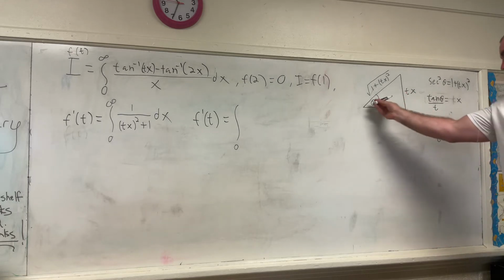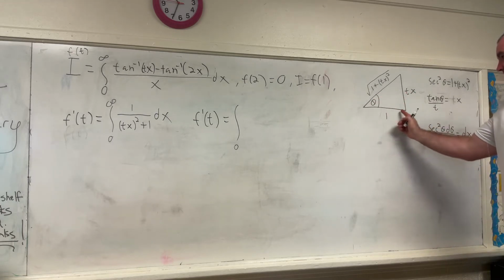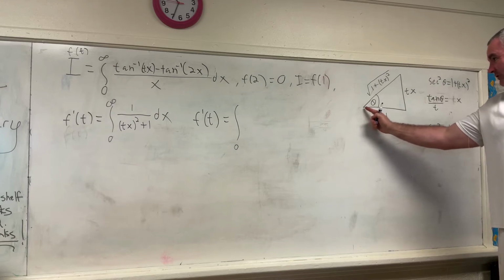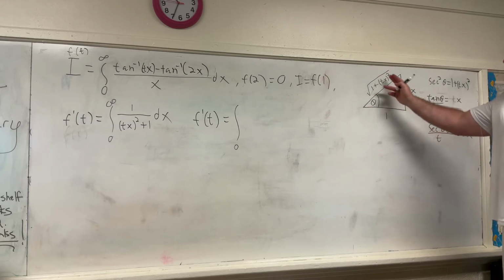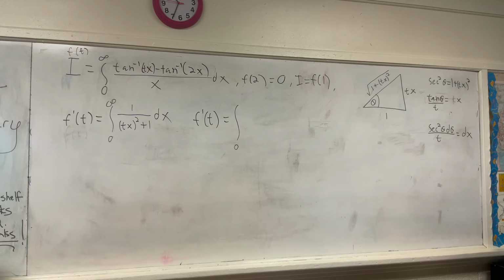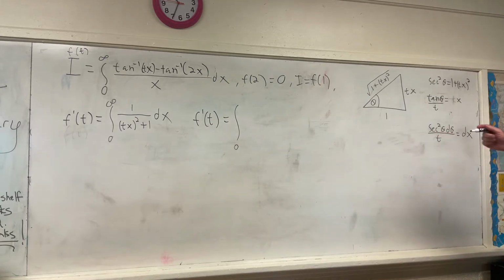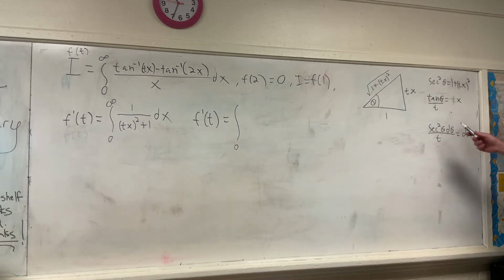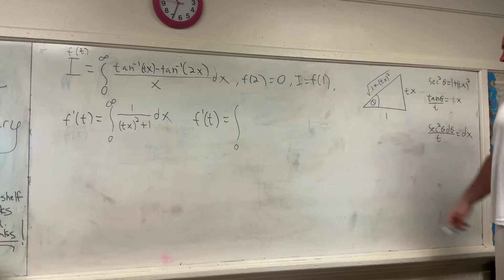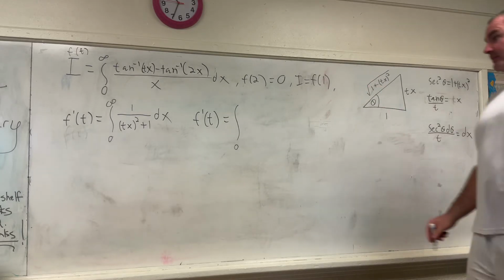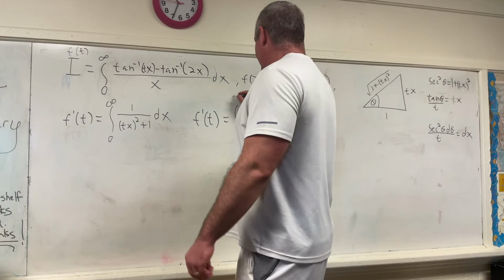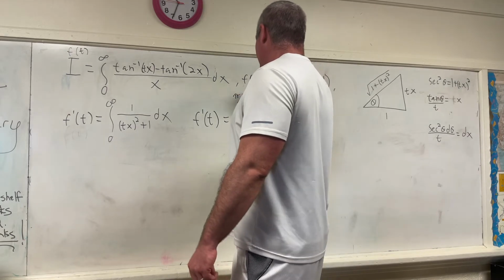If you made theta equal to pi over 2, the denominator would shrink to 0 and the numerator would stay some non-zero value, which would make the entire thing approach infinity. So again, tangent pi over 2 is equal to infinity, so theta is pi over 2.